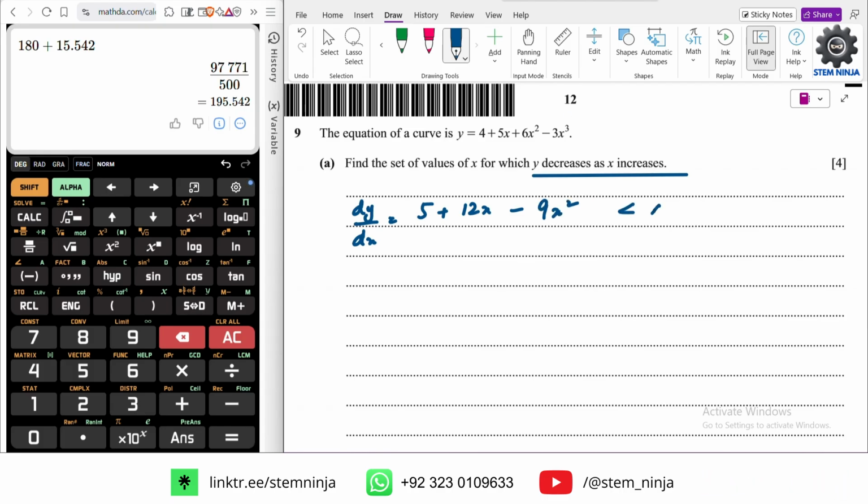So we need to see where this is less than 0. So this becomes 9x squared minus 12x minus 5 is greater than 0. So we solve this quadratic equation to see where the values are.